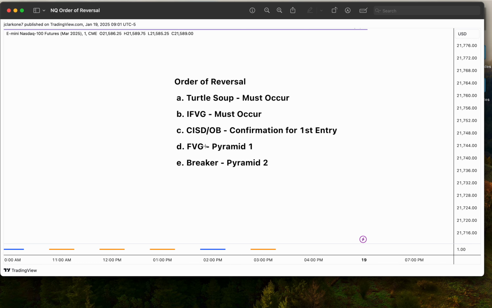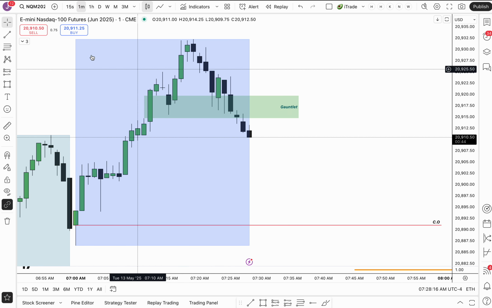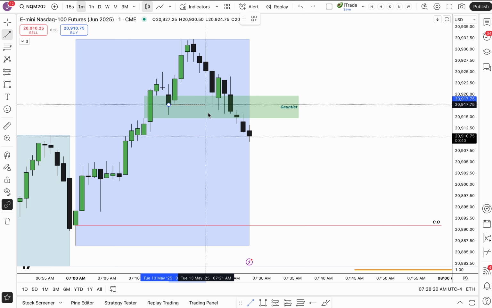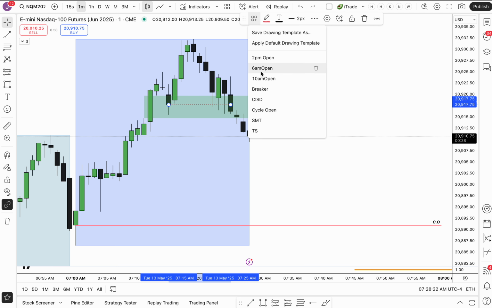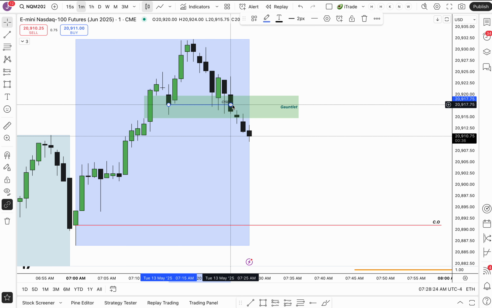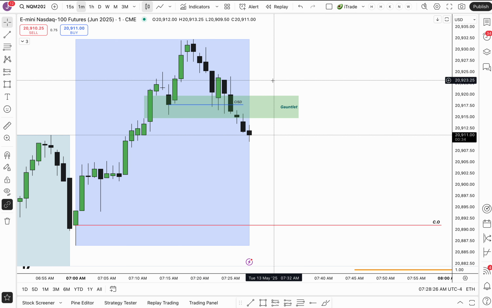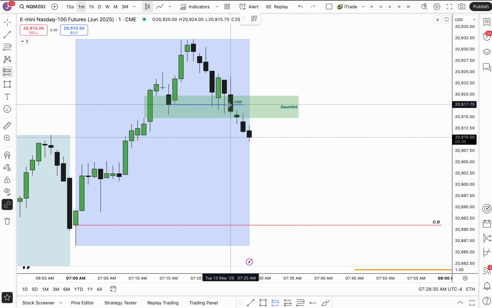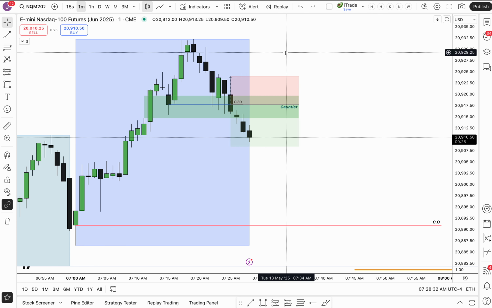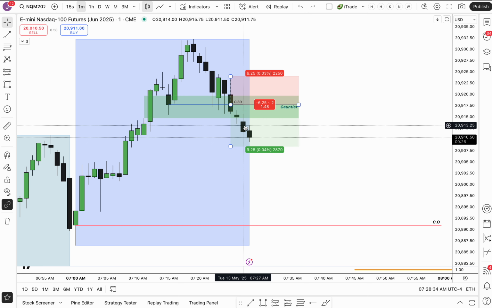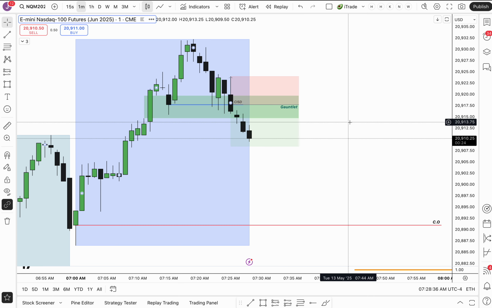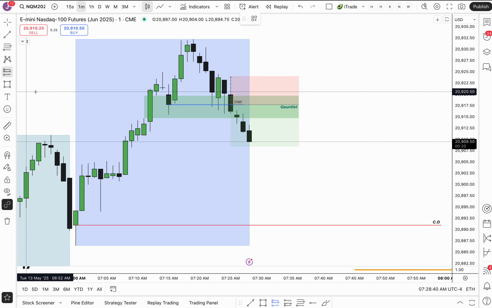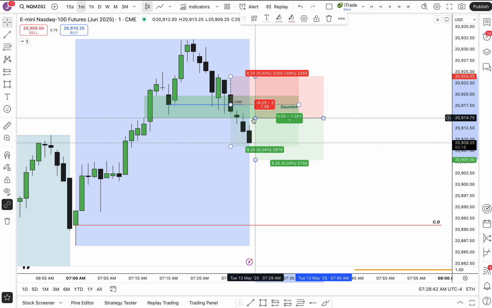And if you want to stack the orders, you can, like, this is your CISD right here. So you throw on the first order there if you want. And then you get the closure here, so you confirm the gauntlet, and now add to the position when it retests.